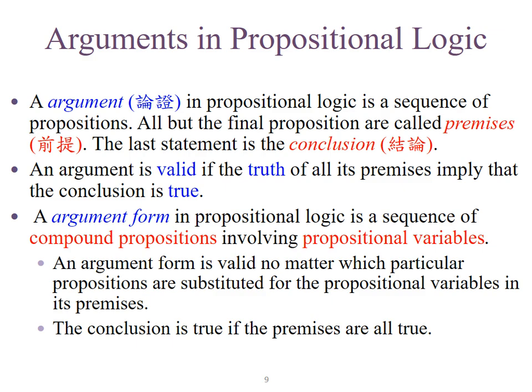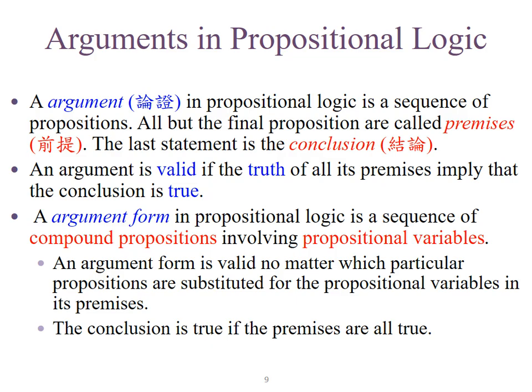Okay. So let's see the definition. What is a valid argument? If the truth of all premises implies that the conclusion is true, then we call this a valid argument. So we have the propositions in the sequence, right? But we don't know the truth value of those propositions.